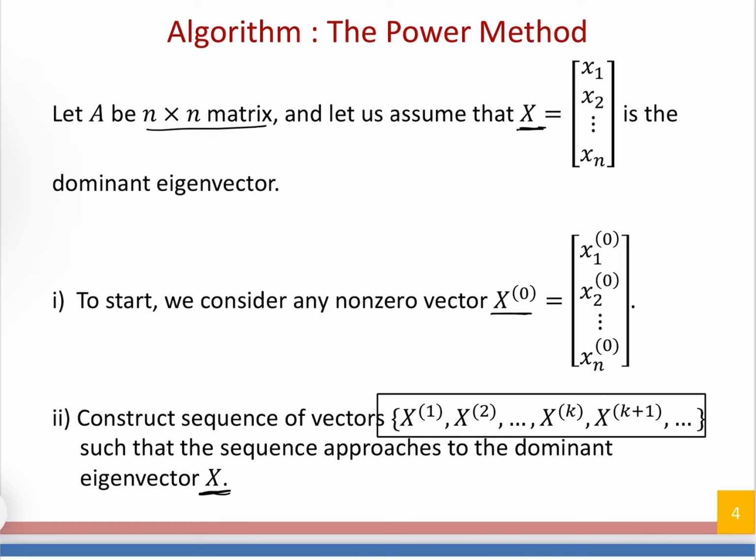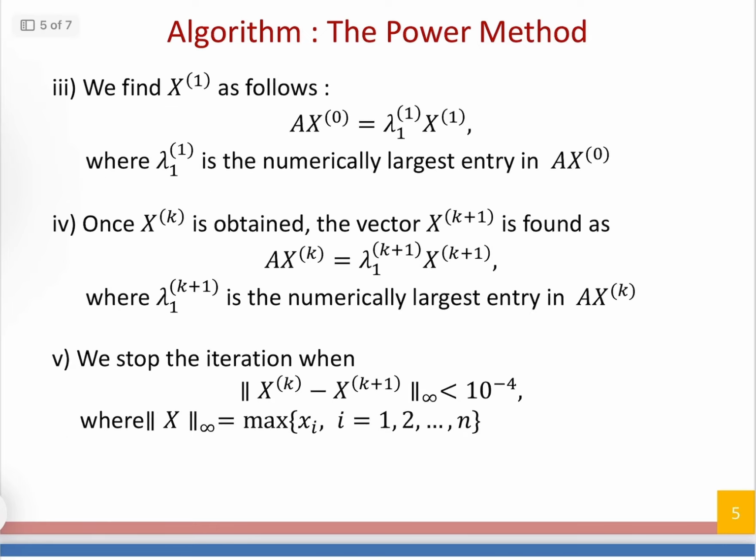Now, our task is to see how to find this x1, x2, and so on. To find x1, what we do here is we multiply A and x naught. Now we get a column vector and identify the numerically largest entry in this column vector.